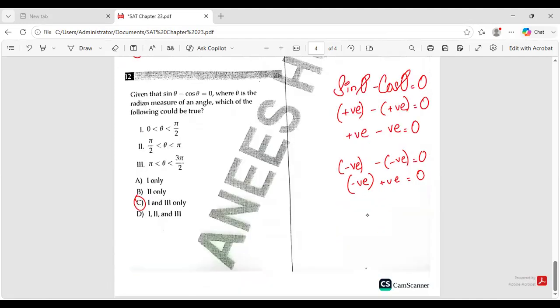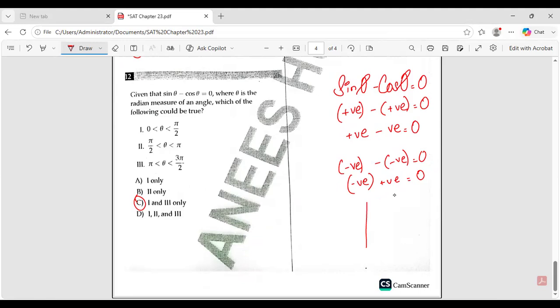So now, in case of quadrants, in which quadrant do you have the same signs for sine and cos? Use A, S, T, C. In the first quadrant, both sine and cos have the same sign, which is positive. And in the third quadrant, both of them have the same sign, which is negative. So the range is 0 to 90 and from 180 to 270, right?